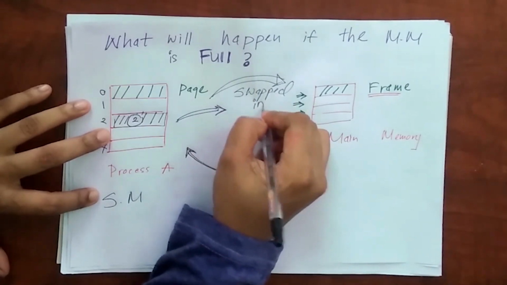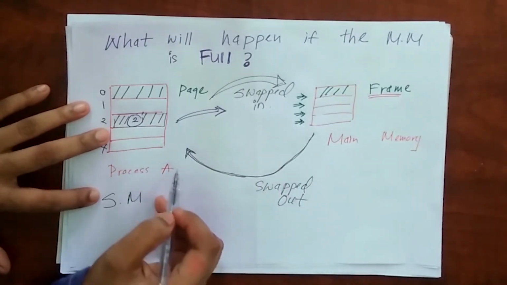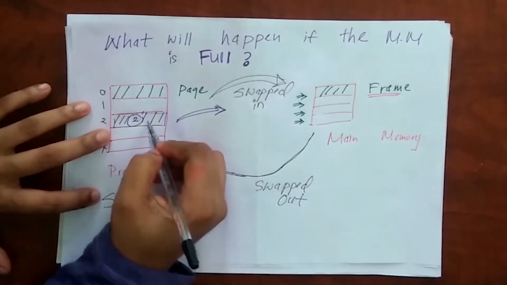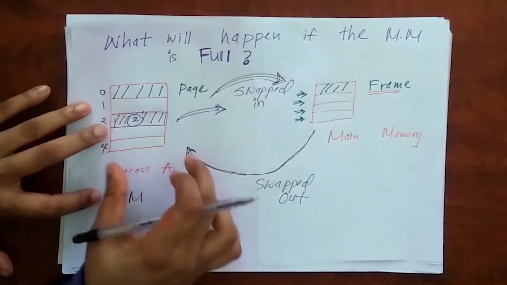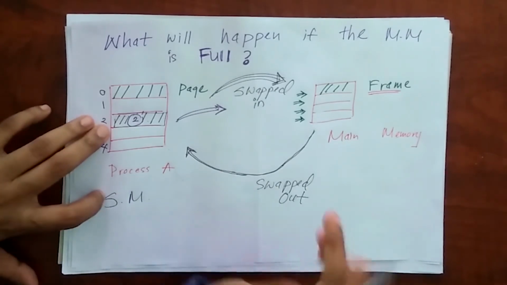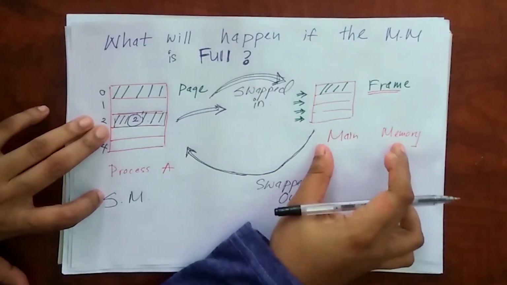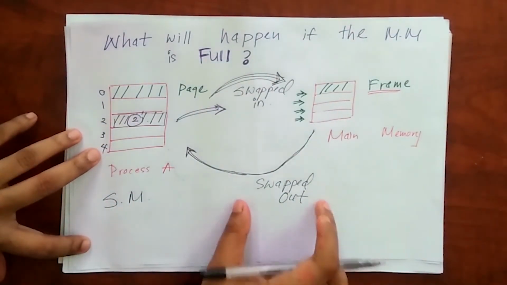Swapped in. Some page will be swapped out from the main memory to the secondary memory, and the particular page will be swapped into the main memory from the secondary memory. When a page is moved from the main memory to the secondary memory, it is called swapped out.